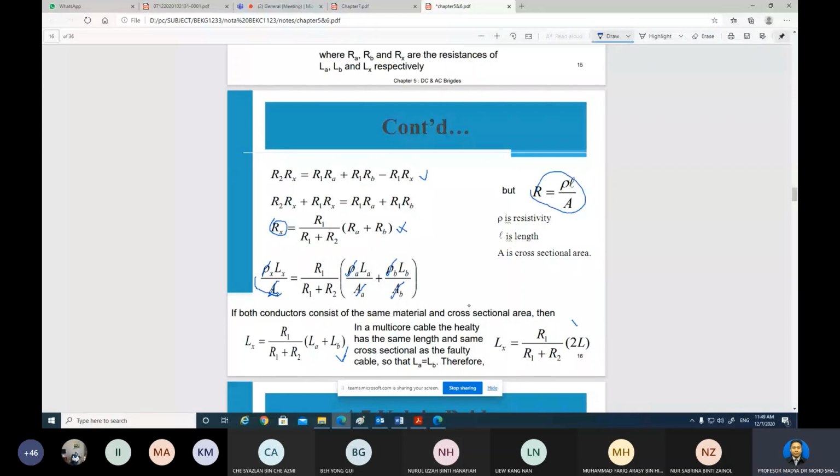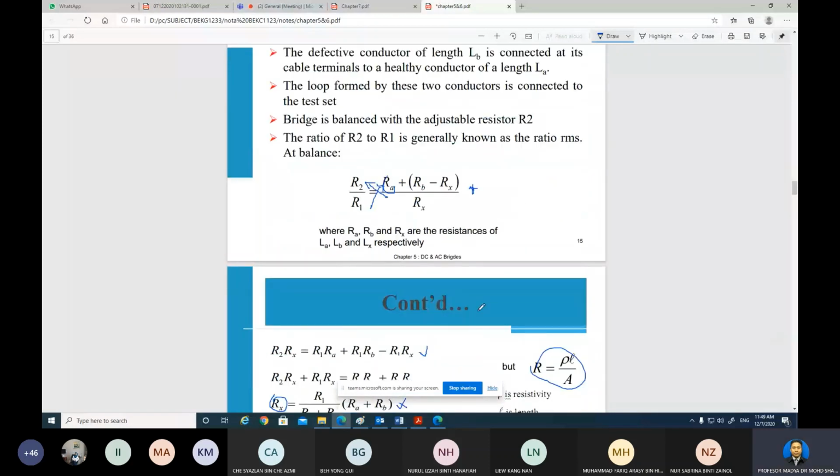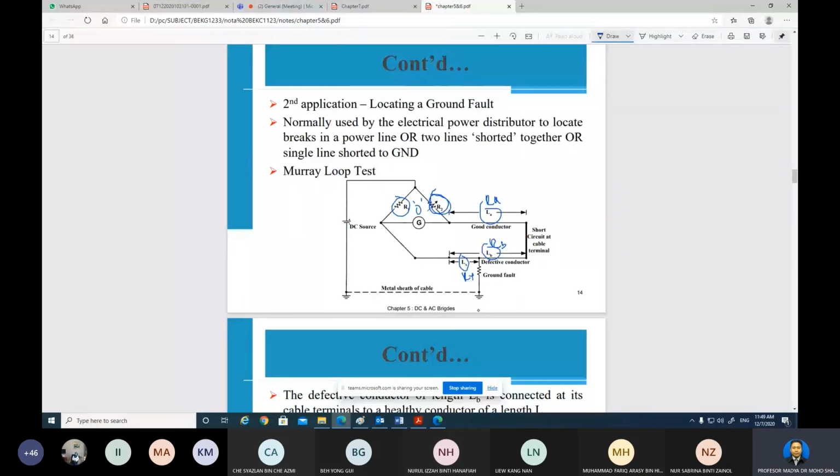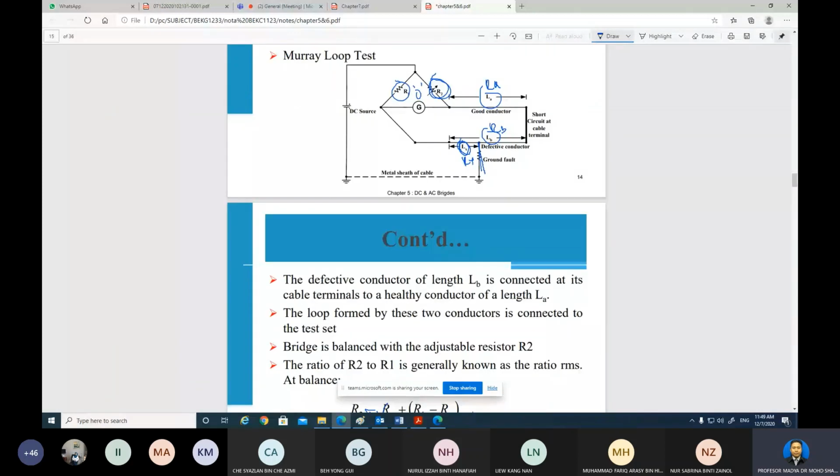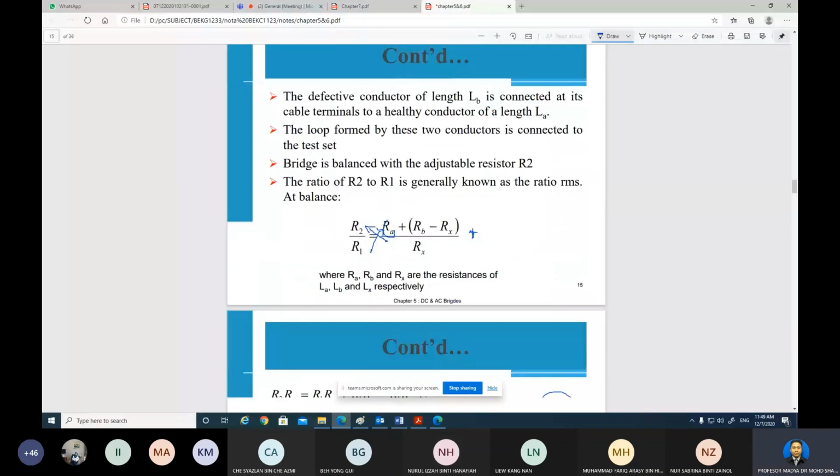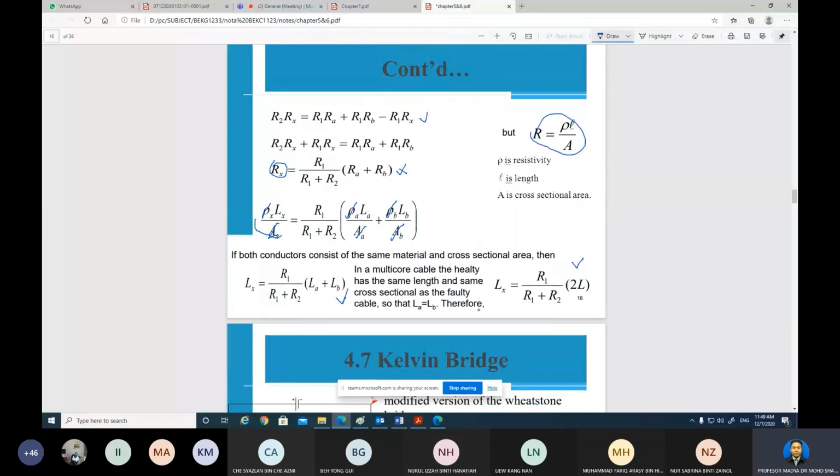For the length Lx, you can see here, from this point to this point, we want to calculate Lx so that we can put our ground here. That is the best location for our ground. Using this formula, it is not simply that we can put the ground anywhere.